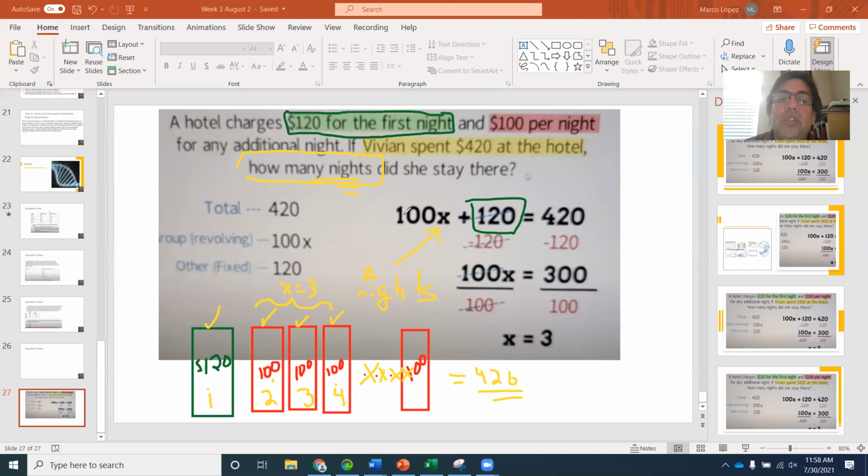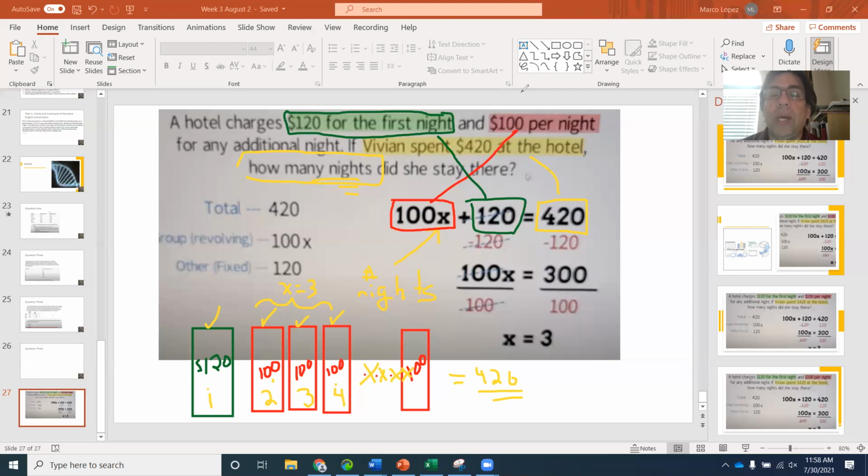And each additional night is $100 from right there. That comes from right here. And the total amount spent was $420. That's where that equation comes from.